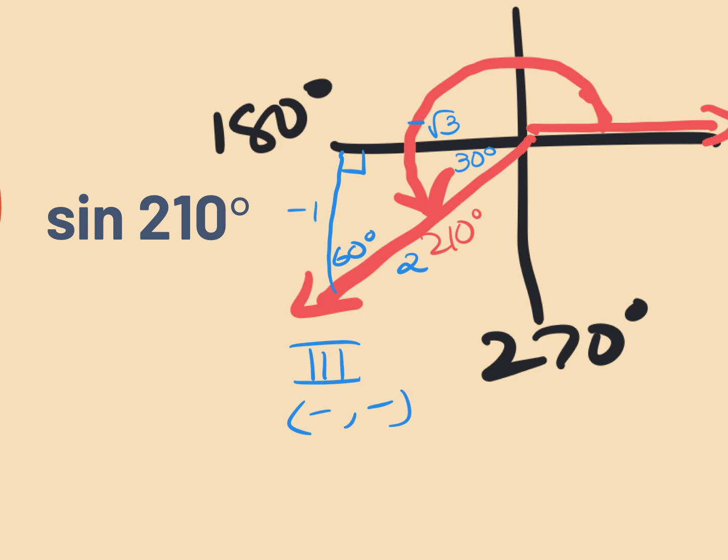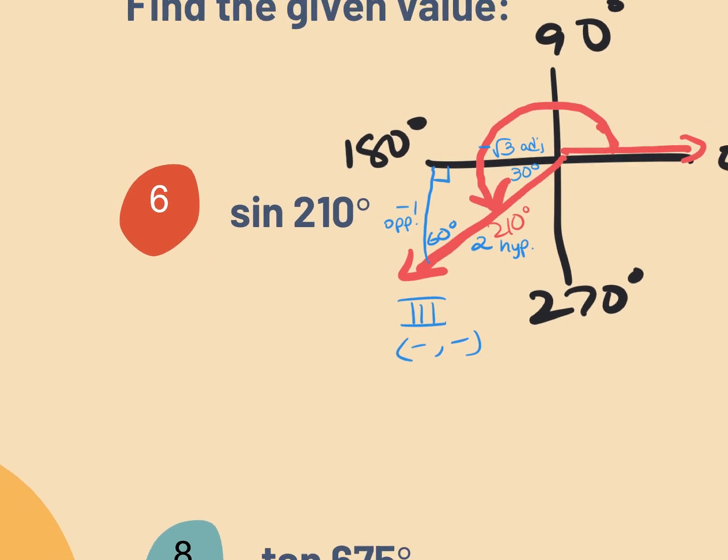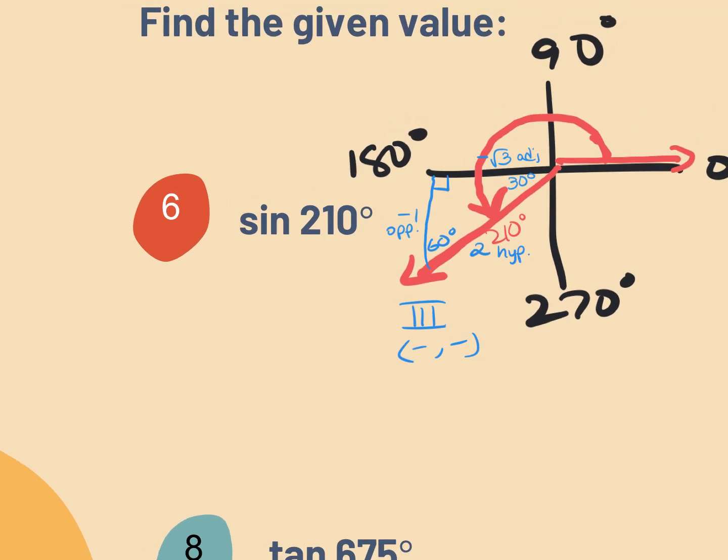Now, if you want to think of it in terms of SOHCAHTOA, this is opposite to our reference angle, this is adjacent, and this is the hypotenuse. So now what we need to do is figure out what sine is. Again, you could also memorize, so up and down, opposite is y, and adjacent is x.